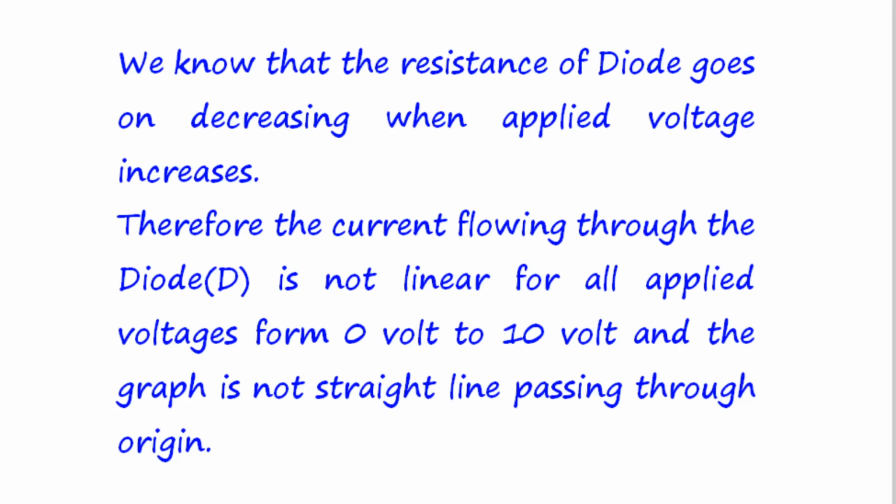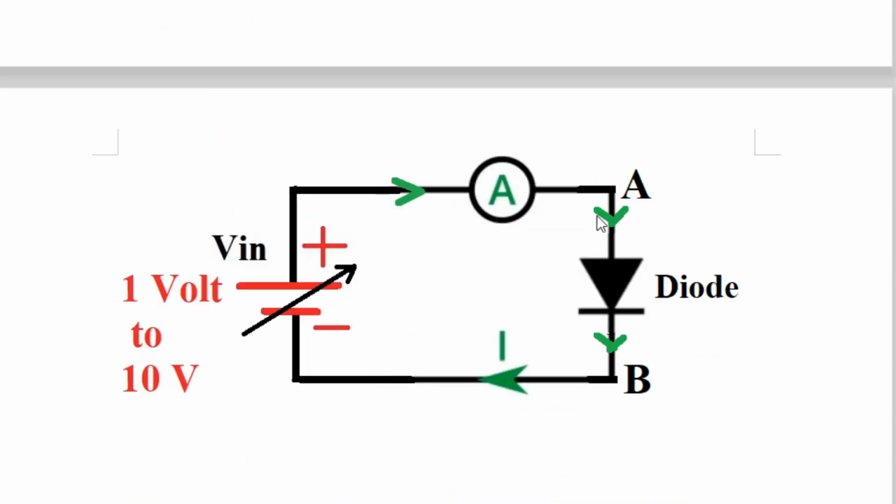Now let us see here. We know that the resistance of the diode goes on decreasing when applied voltage increases, because we have already studied this. A PN junction diode is a semiconductor component. When we apply voltages to the PN junction diode, 1 volt, 2 volt, 5 volt, 7 volt, 9 volt, 10 volt, as the applied voltage increases, the current flowing through the circuit no doubt increases.